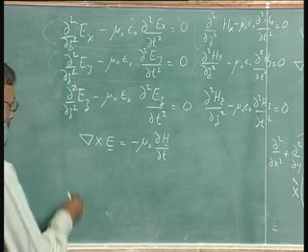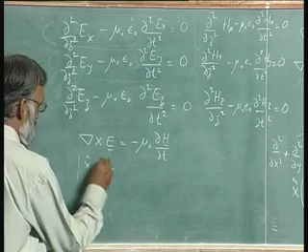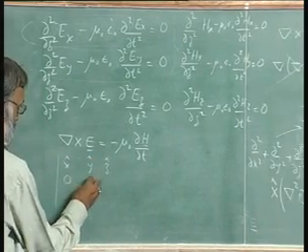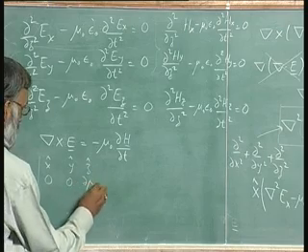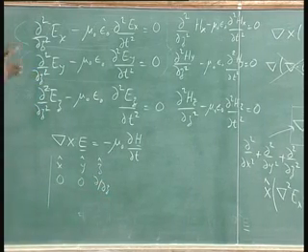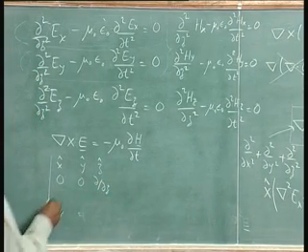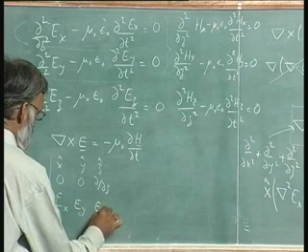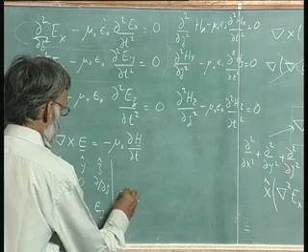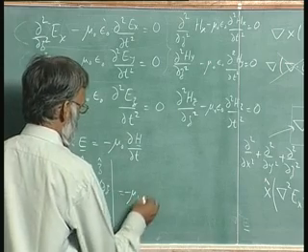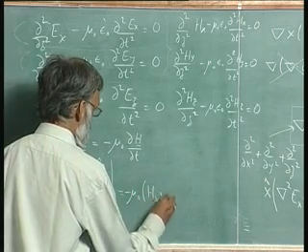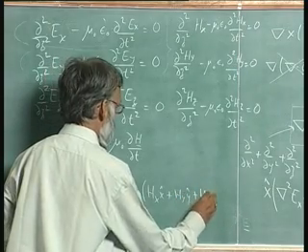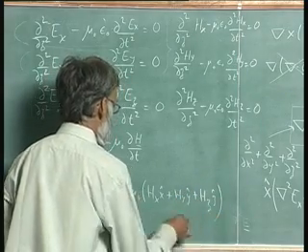Now, curl of E is x hat, y hat, z hat, 0 0 del del z, because I do not have del del x, I do not have del del y, E x, E y, E z, which is equal to minus mu naught times h x x hat plus h y y hat plus h z z hat.